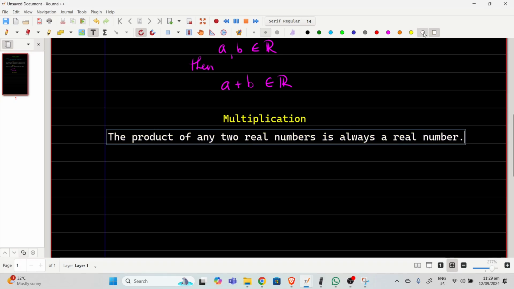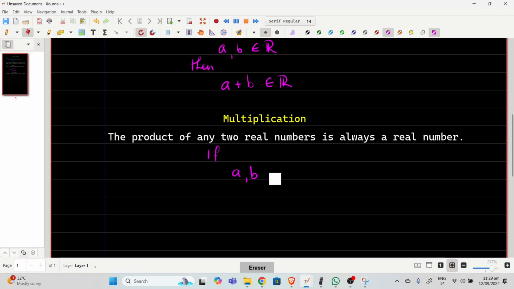Let me put that in white so I can write a little bit of a math statement as well. It will say that if A and B are members of the set of real numbers, then A times B will also be a member of the set of real numbers.